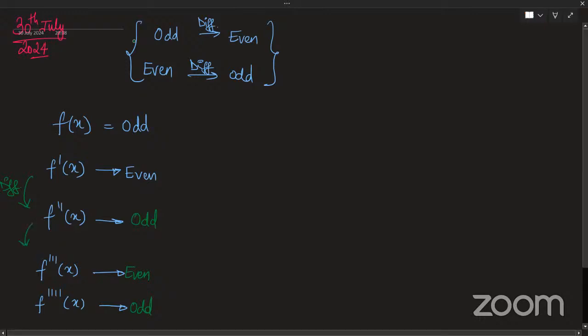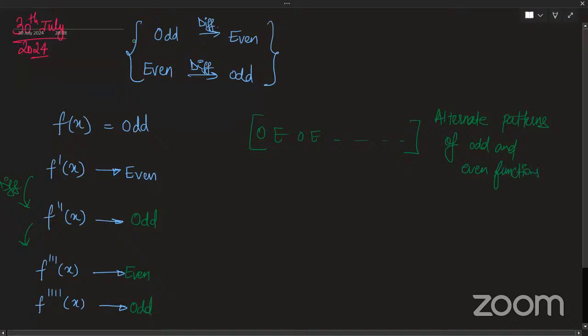When I again differentiate it, I get even. So it's basically a pattern, alternate patterns of odd and even functions.